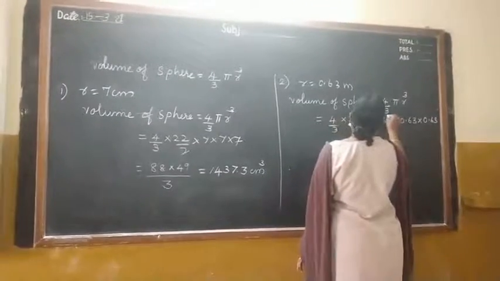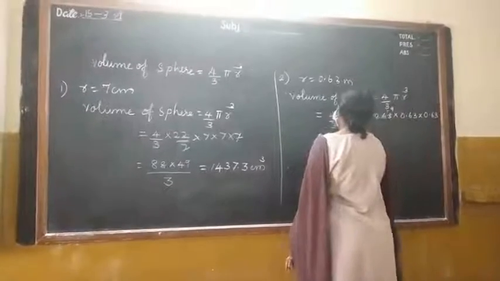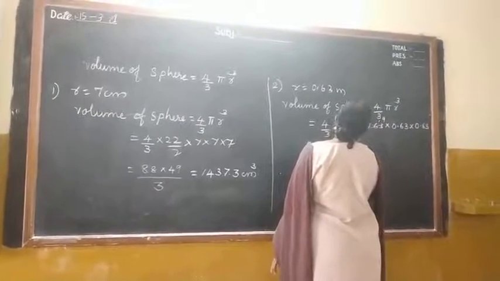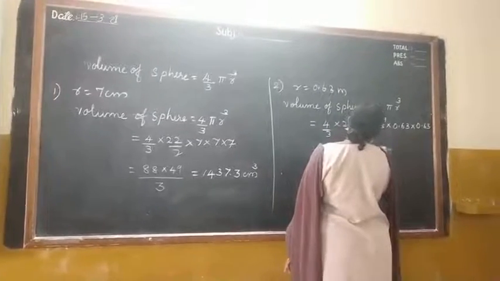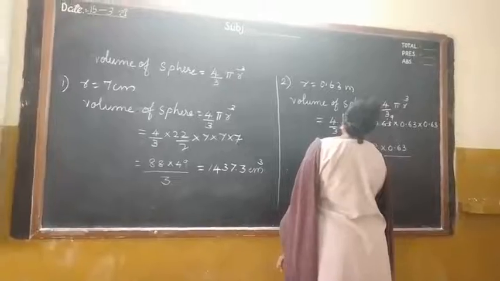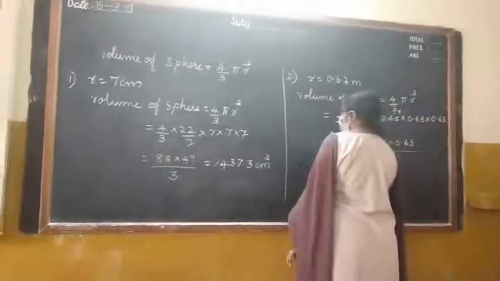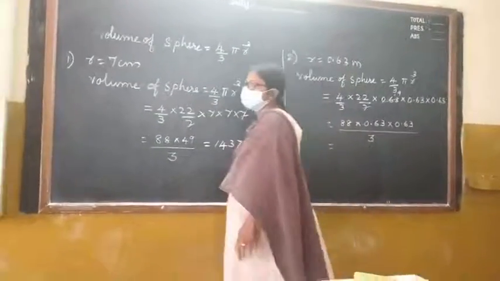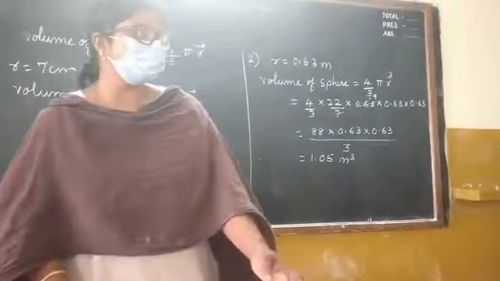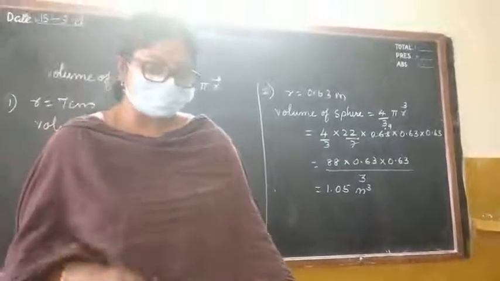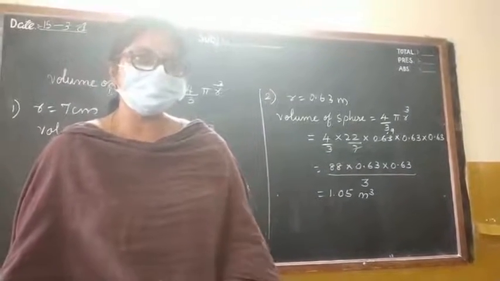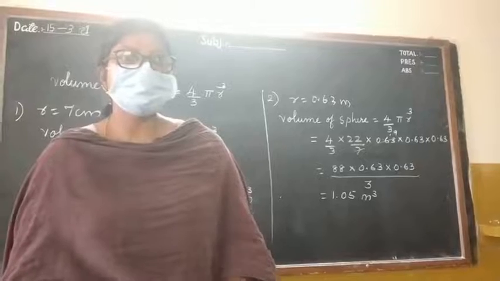Yeah, 0.9. Now 88 multiply by 0.63 by 3 multiply then, after that points will be there, that is round off.